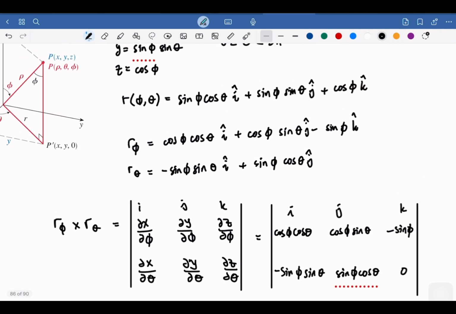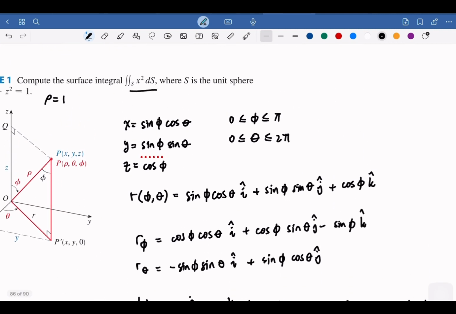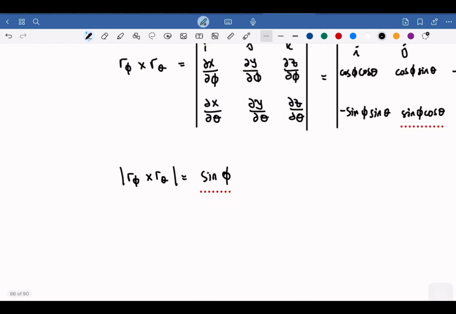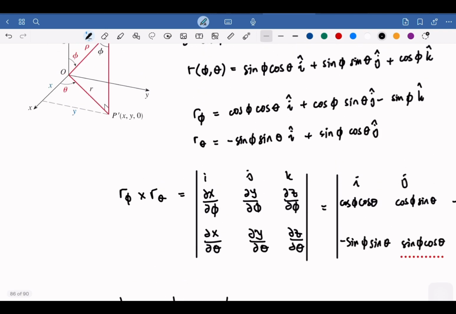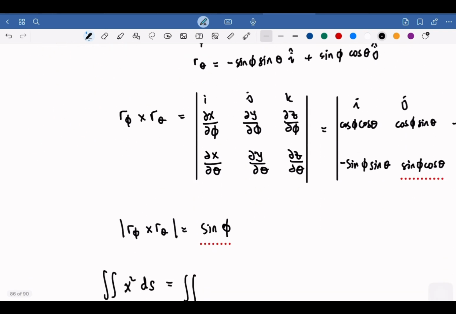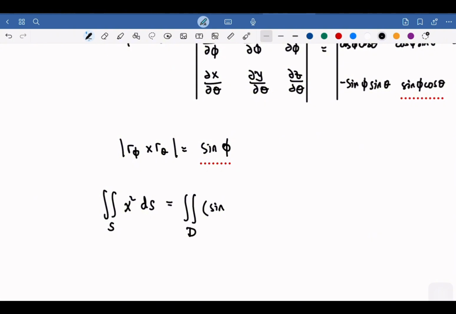Okay, so the question is this surface integral: the surface integral of x squared dS. We can change it into the following. x is sine phi cosine theta, right? So we have sine phi cosine theta, squared. And then dS we exchange for the magnitude of the cross product, and then dA.